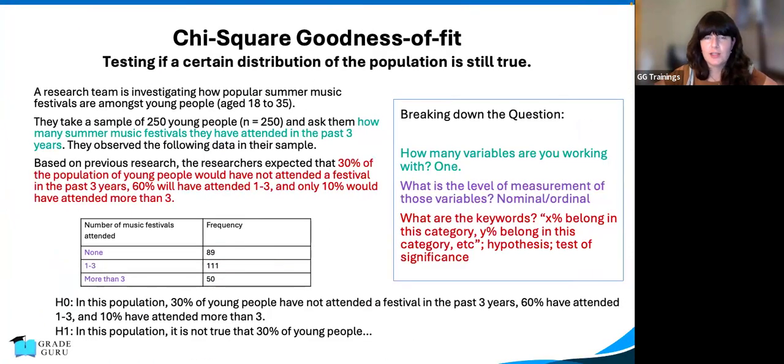The first one is the chi-square goodness of fit. Okay, great one, very easy to identify. It looks like nothing else. And what it's doing is testing if a certain distribution in the population is still true. Okay, what that means in simpler terms is, say a census was done that looked at how a country was distributed in terms of religion, right?